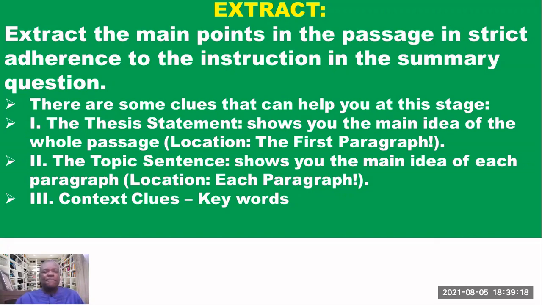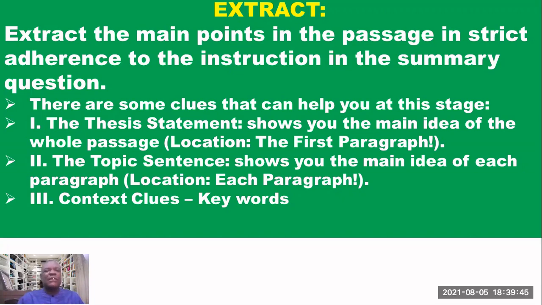It's really not a dogmatic rule that, if you have 3 paragraphs, then there will be 3 topic sentences. No. The important thing is for you to understand that a topic sentence is a main idea that tells you everything that the writer is saying in a particular paragraph.